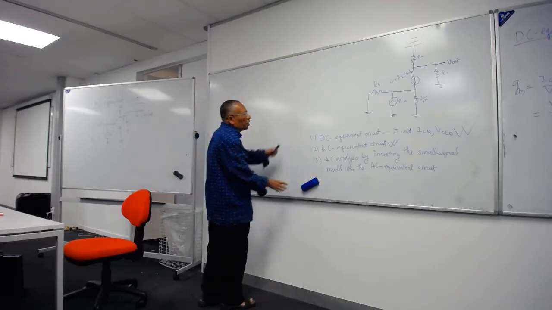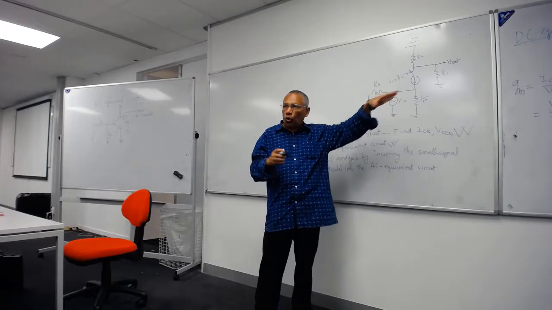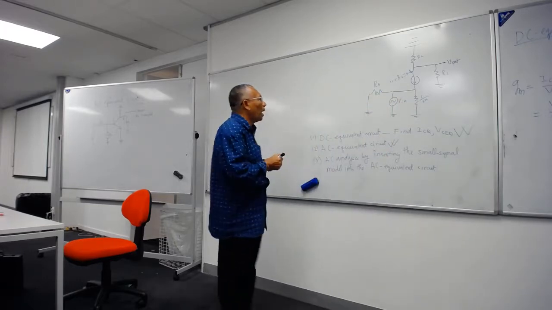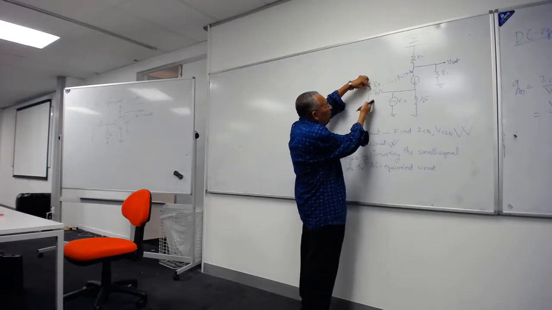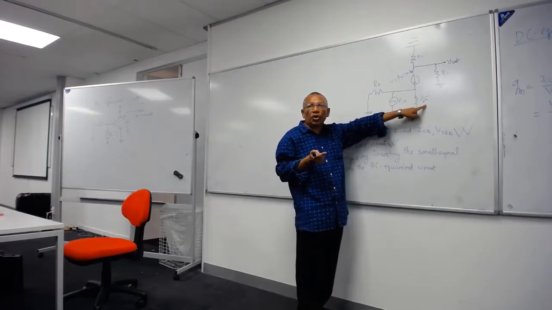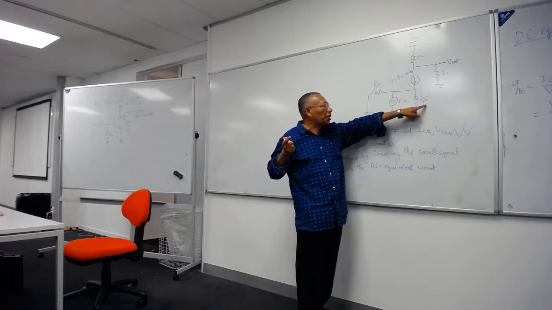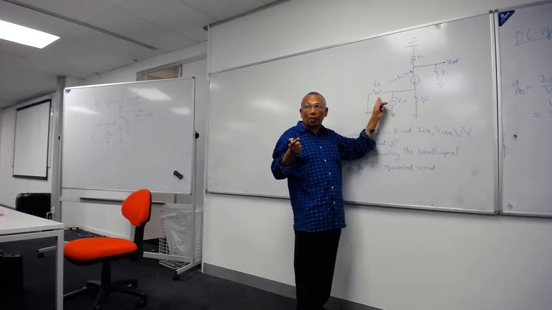Now this looks a bit complicated, but you can make it simpler. You have V in across here. This resistance, 1/GM, is usually very small, about 20. When you do a practical problem, you'll see that 1/GM is very small. This RB is how much? 900 kilo ohm, remember? Very large.